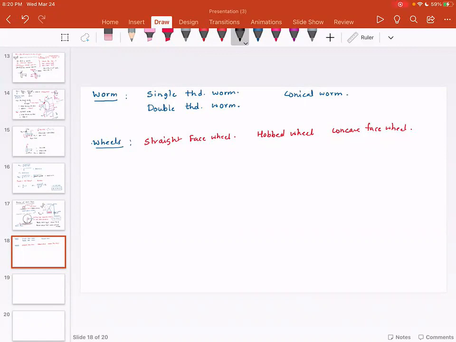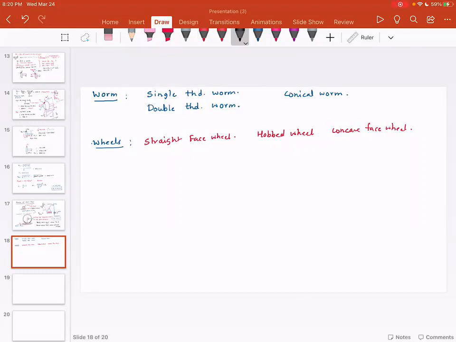Then we talk about the tooth pressure angle. We have the normal pitch. We have the helical angle. We have the velocity ratio, and so on. So the concepts that we studied in power screws are applicable in the worm and worm wheel design.